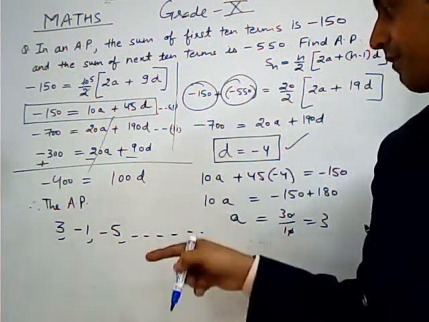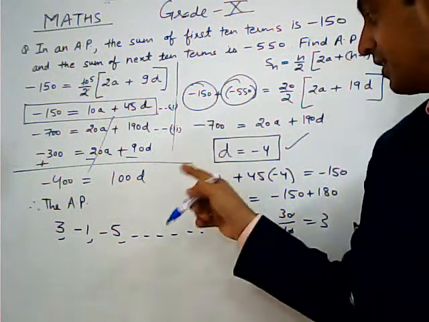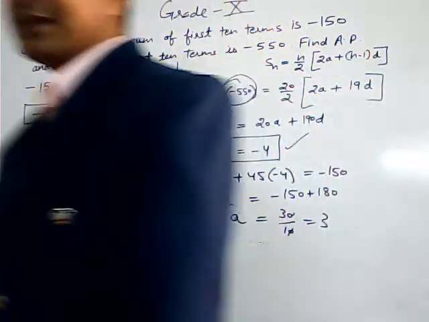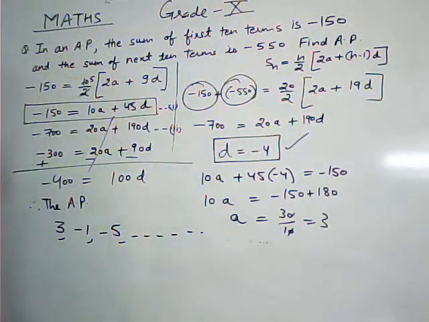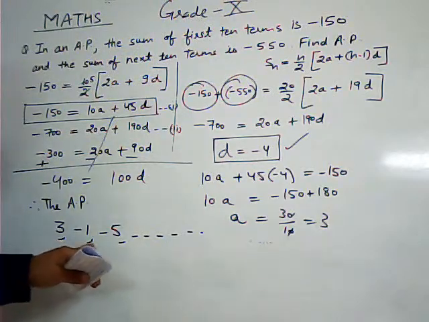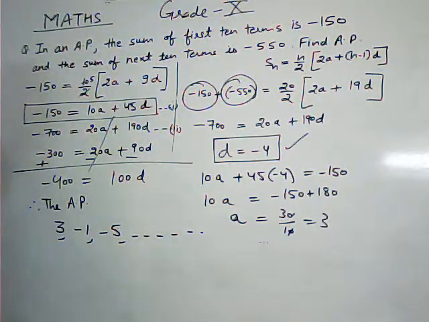Substituting d in the equation gave the first term a as 3. So the required AP is 3, minus 1, minus 5, minus 9, minus 13, and so on. So this is about this question. So next one.